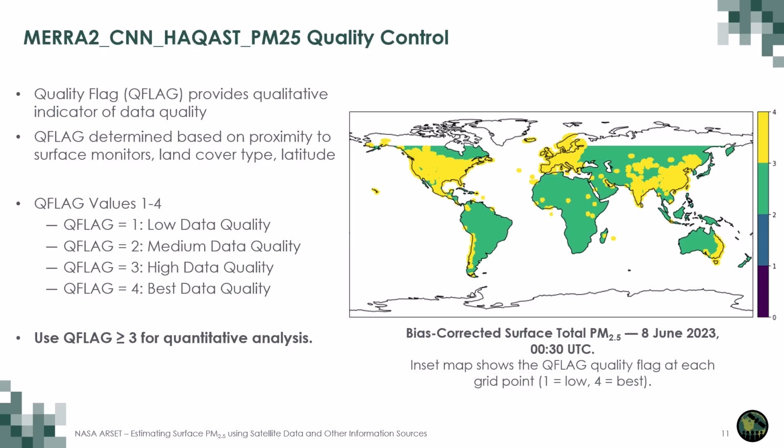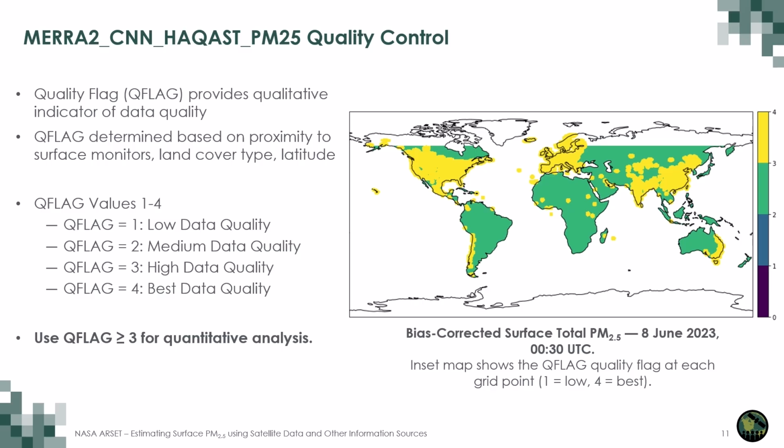Each PM2.5 estimation over each MERRA-2 grid comes with a QA flag. This QA flag provides a simple grid level measure of confidence in the estimated PM2.5 value. It is determined by factors such as proximity to the surface monitor, land cover type, and latitude. Areas with more monitoring or a stable surface condition generally receive higher scores.